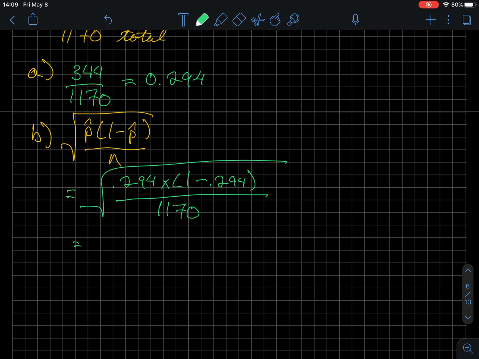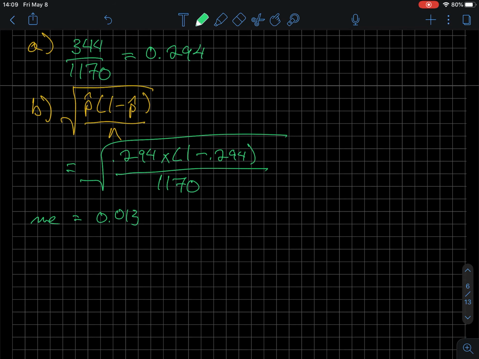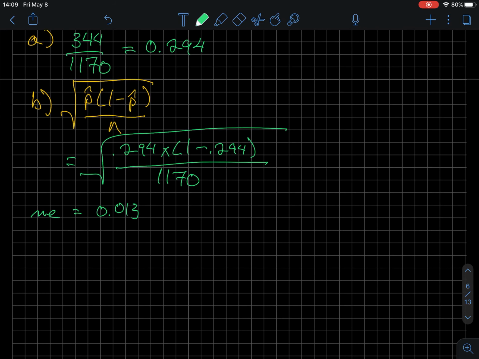What would we get? It would be 0.013, and then we multiply this by 1.96, and this would equal 0.025.